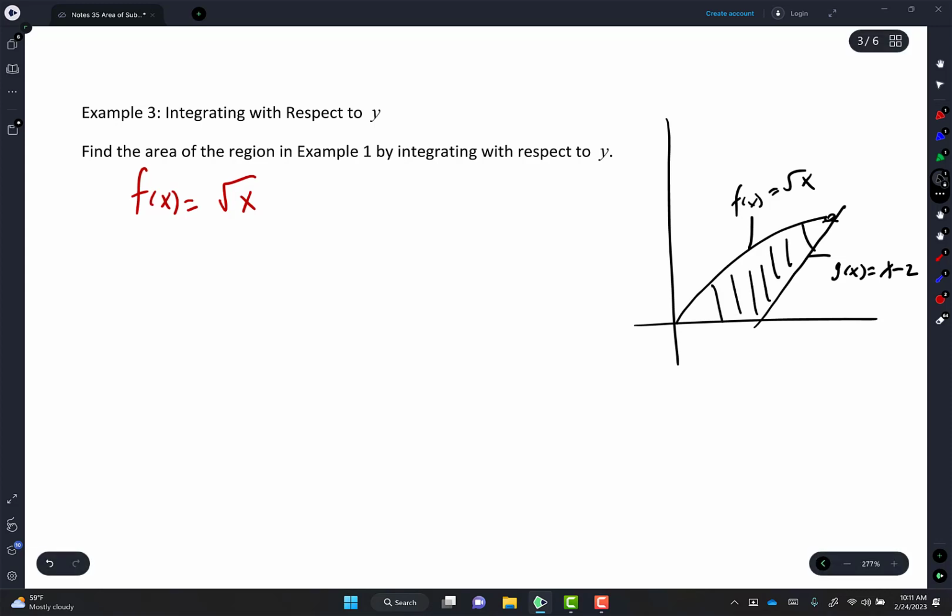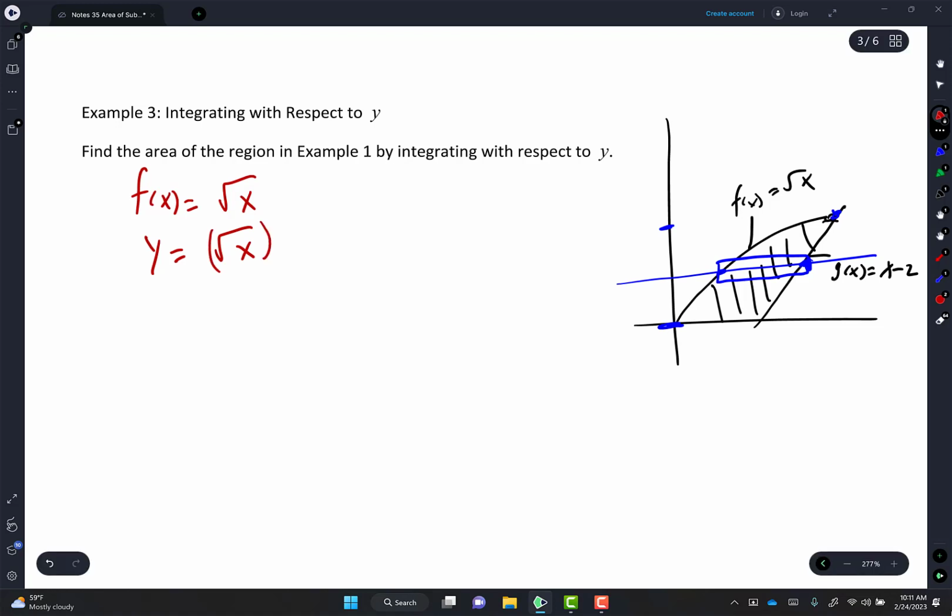Ready? This time my slices, here are my slices. It's in blue. This curve is top, this curve is bottom. Remember, I have a rectangle right here. So that's a dy, not a dx. So if it's a dy, that means my expressions need to be in terms of y's. And I need to use these values up here. So don't worry, we'll talk about that. Here we go. Red. y equals square root of x. I want it in terms of x equals something.